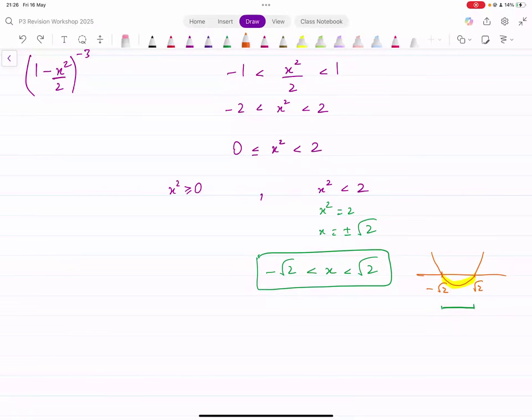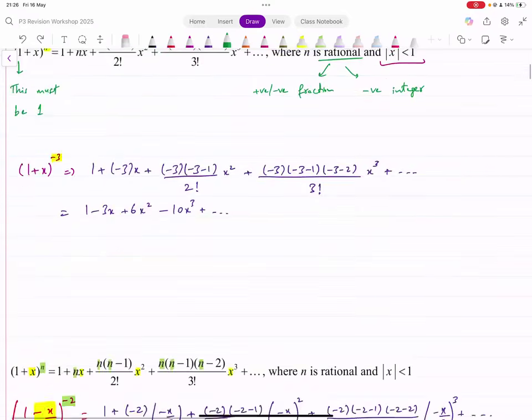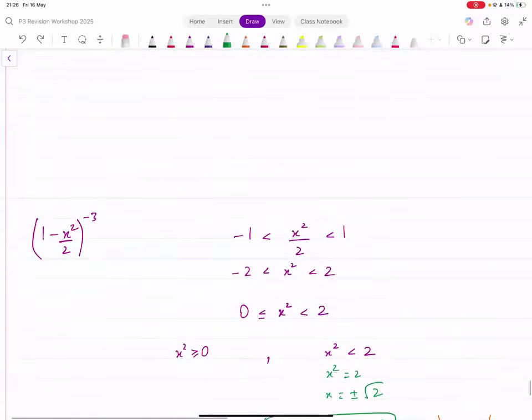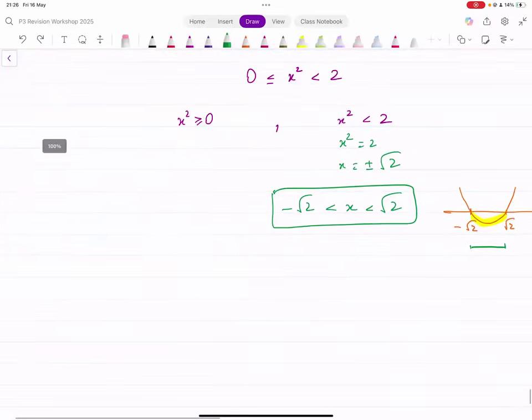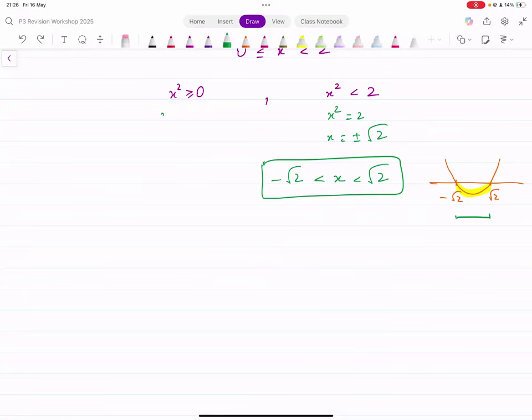If we were to solve the other inequality properly, we would have gotten x² equal to 0, x equals 0. That's the cutoff point that we're getting. This is what the curve looks like.